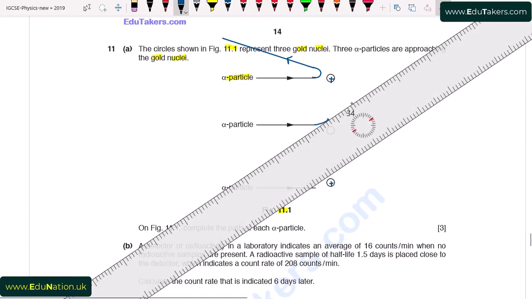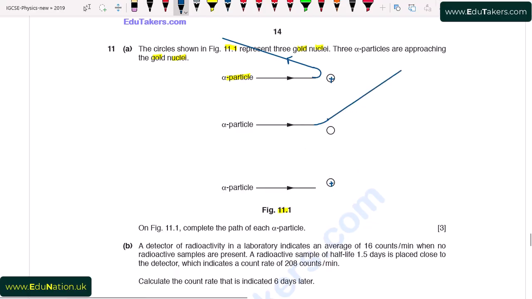We have to draw a straight line, that's why I'm going to use a ruler. So in this direction, the alpha particle deflects after repulsion by the gold nucleus.